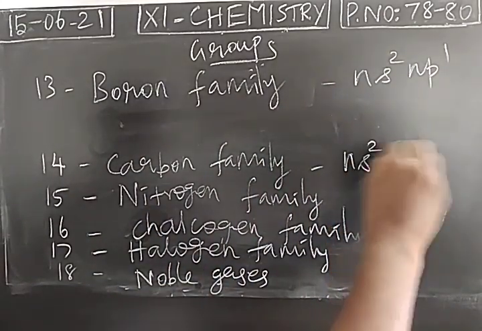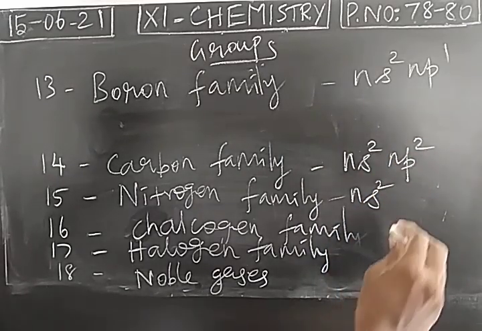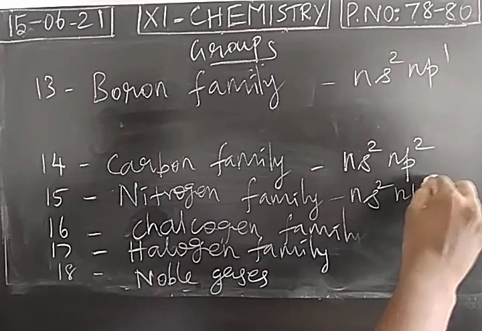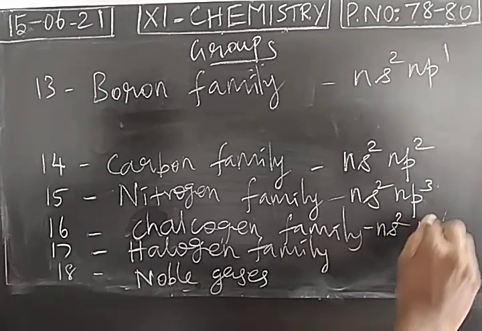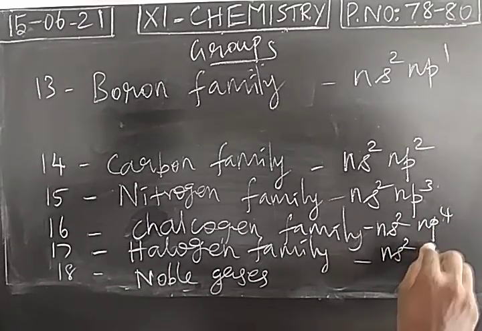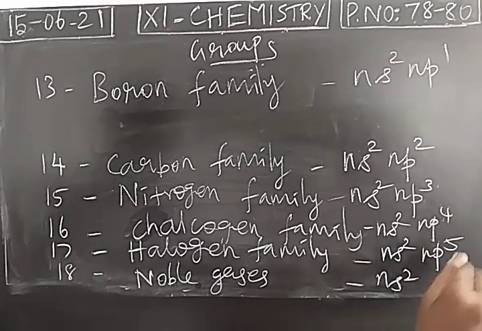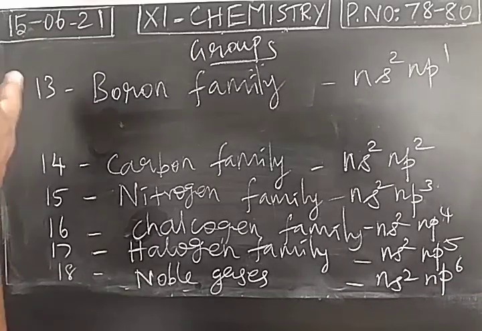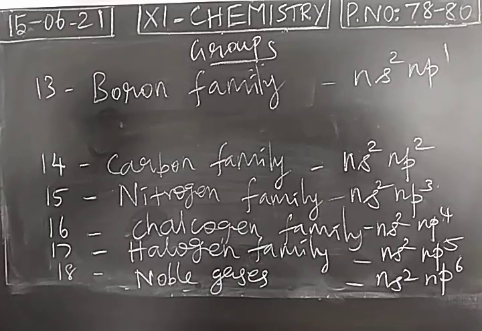This one, ns2 np2, 15th group ns2 np3, 16th group ns2 np4, 17th group ns2 np5, noble gases 18th group ns2 np6. So when we move from 13th group onwards, gradually one electron is increasing in the p orbital.